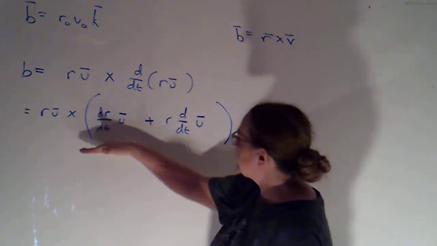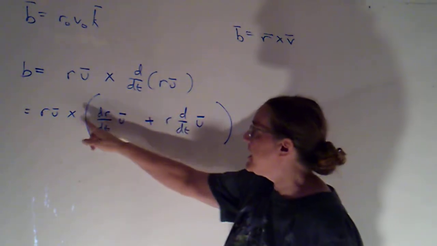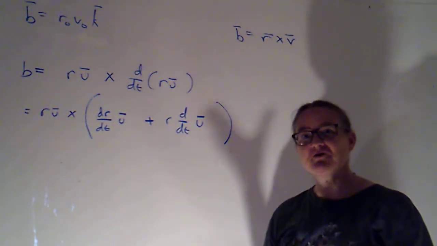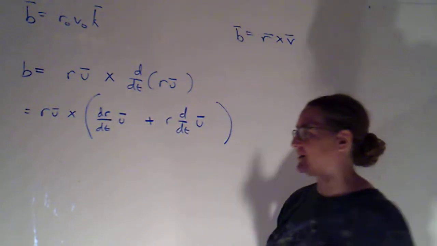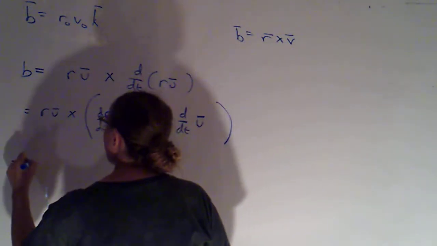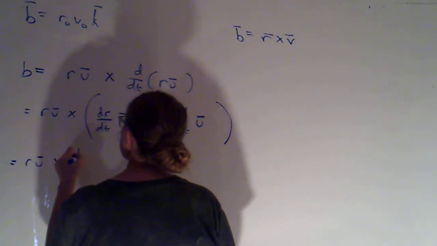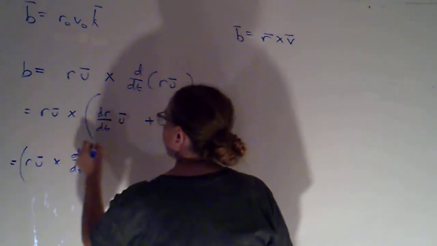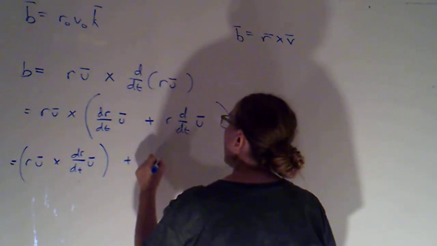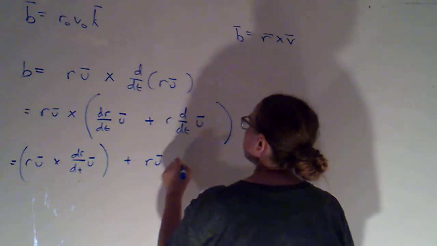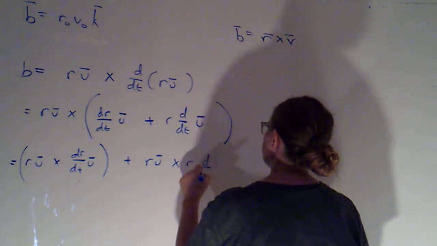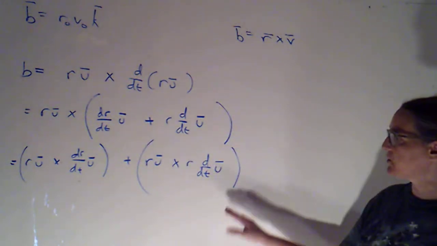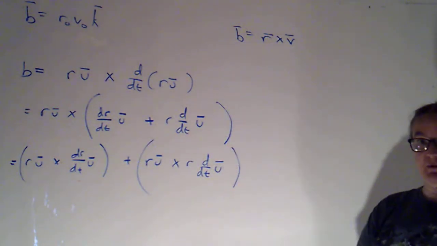Now, I've got to take this vector sum and cross it with RU. But I know that I have a distributive property for the cross product. So I can say this is RU crossed with dr by dt times U, plus RU crossed with R times the derivative of U. So I've got these two terms.